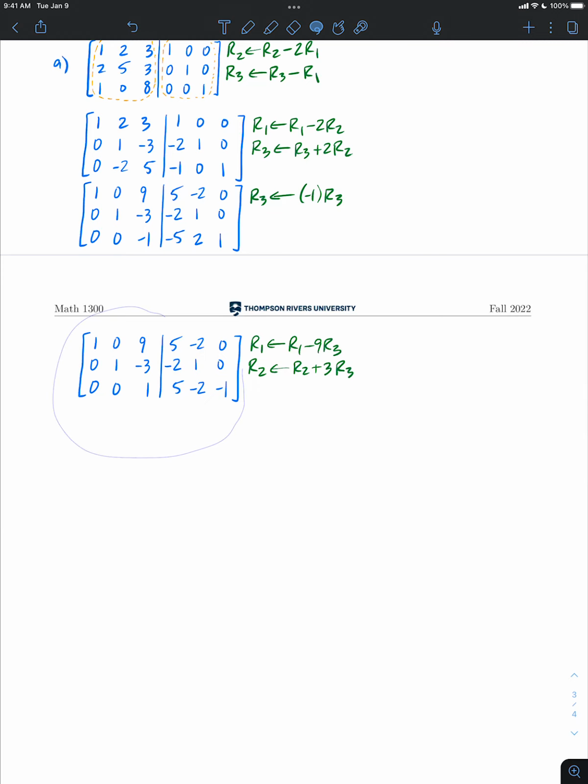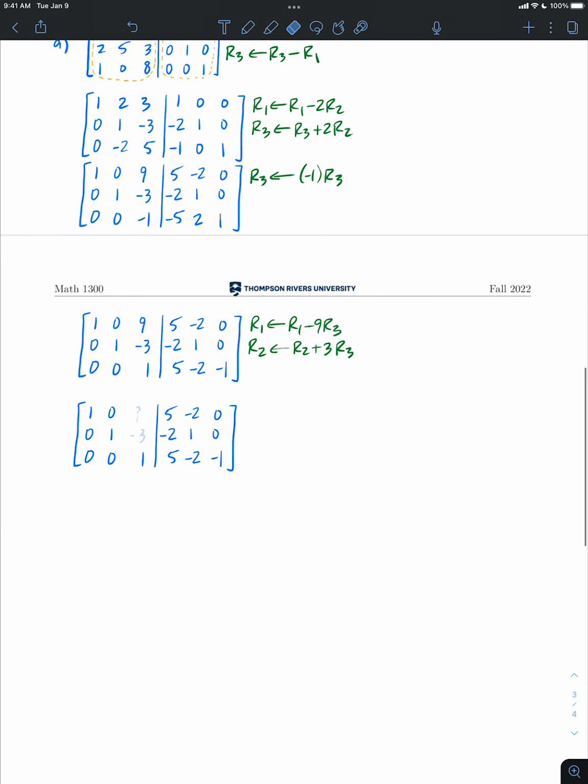Okay, and that'll bring us to, so what's changing? All of this is going to change. Okay, let's start with the first row. We're subtracting row 3 from row 1 nine times, so that's going to give us a 0 here. This will be 5 minus 9 times 5, so that's 5 minus 45, which is -40.